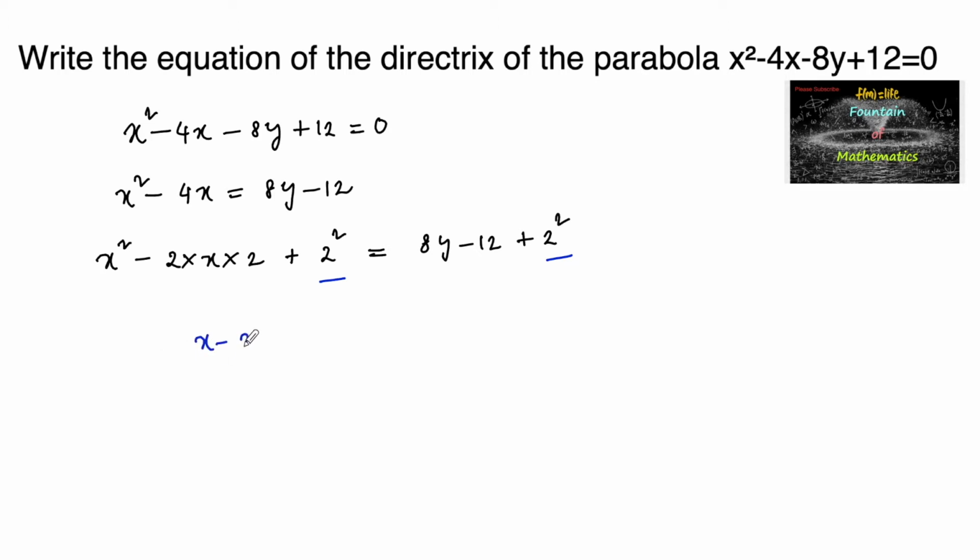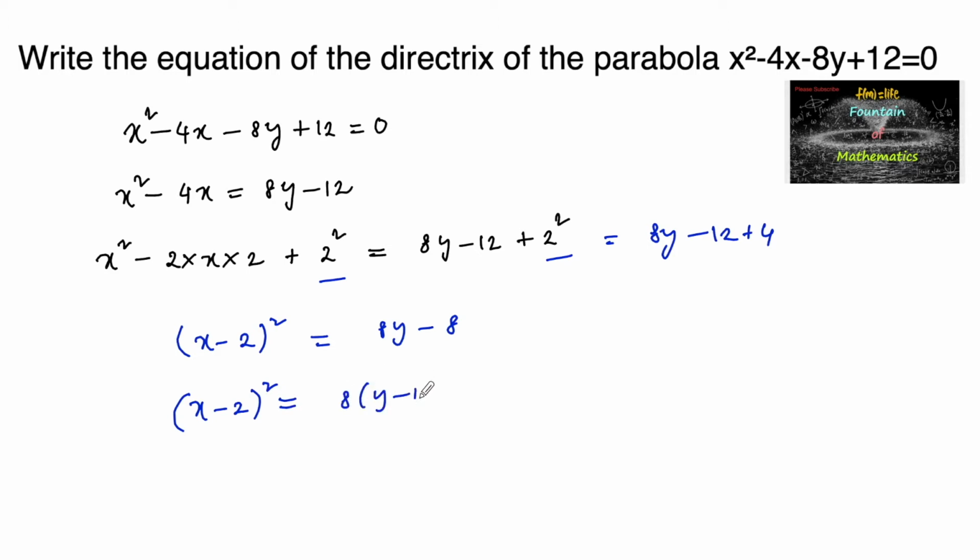So we added 2 square on both the sides to get the form a square minus 2ab plus b square, which is x minus 2 whole square is equal to 8y minus 12 plus 4, that is 8y minus 8. So we can write this as x minus 2 whole square is equal to 8 times of y minus 1, or x minus 2 whole square is equal to 4 into 2 times of y minus 1.